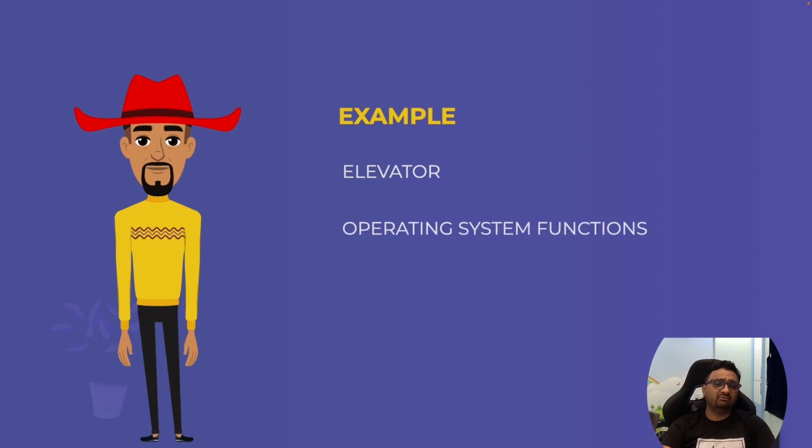The second example I wanted to give you is operating system functions. For example, you are opening a file. Underneath, you don't know what is happening behind the scenes, but it's a function, or an API, that tells the operating system that I want to open this particular file.